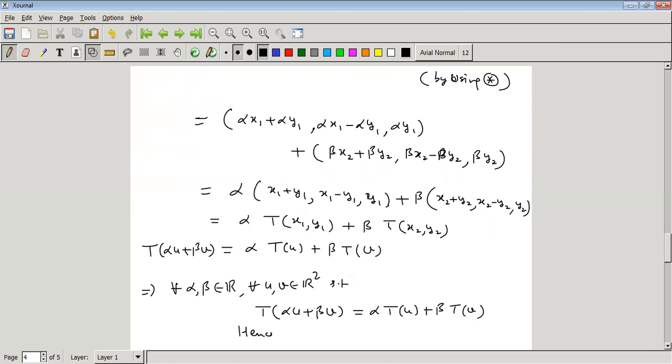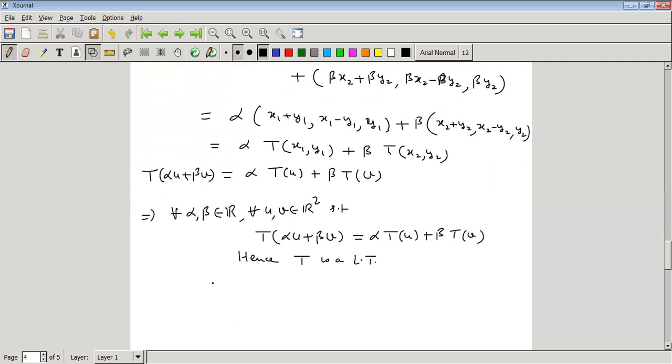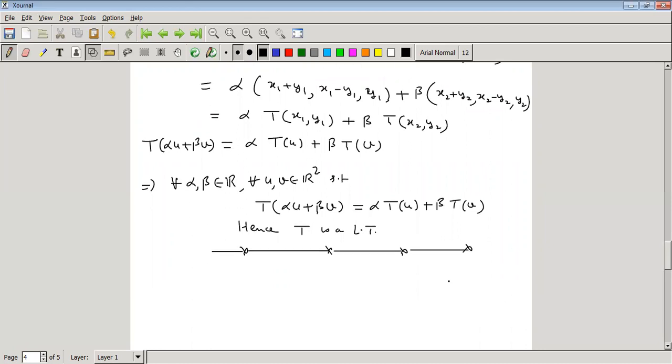Hence, T is a linear transformation. So, in this way, we can prove that T is a linear transformation.